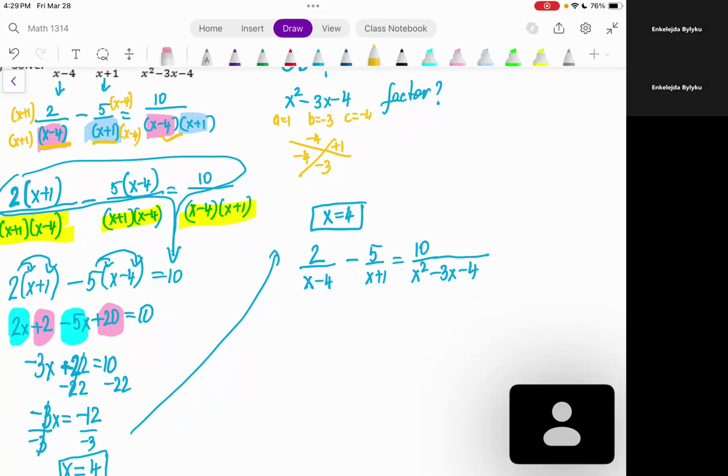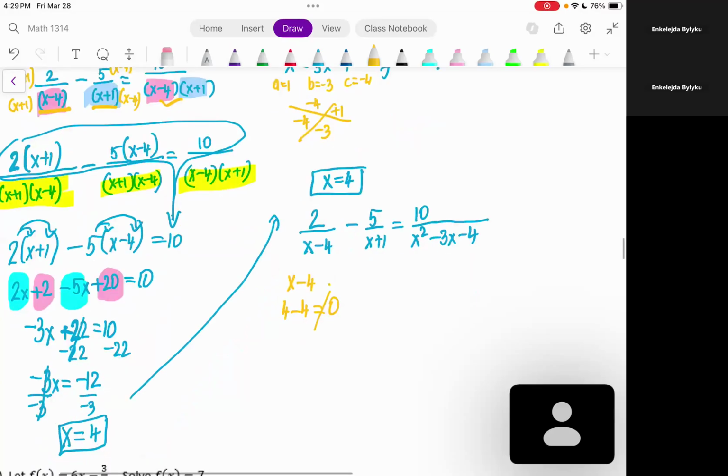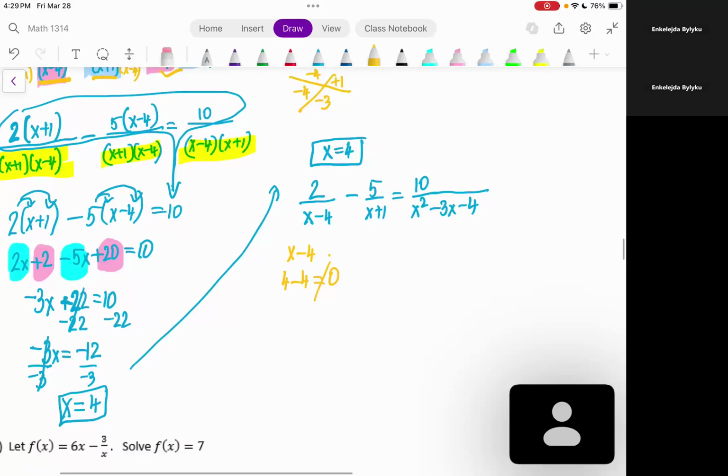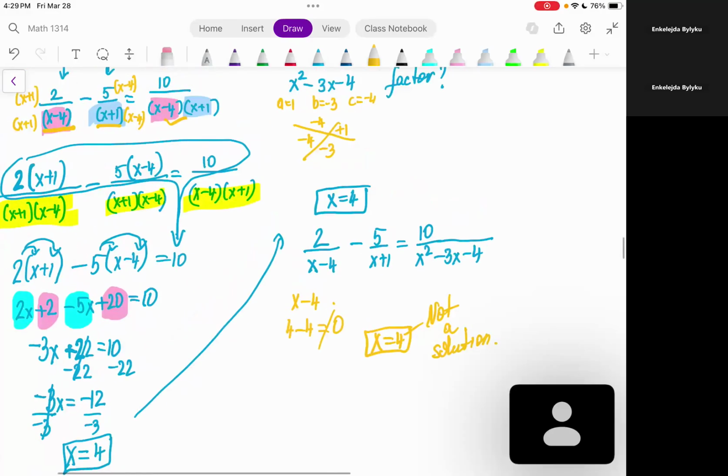I'm going to substitute x minus 4 with 4 minus 4. Oh, wow, that comes out to be 0. But we cannot have a denominator that is equal to 0. Therefore, x equals 4 is not a solution. So what are the solutions to this equation? No solutions.